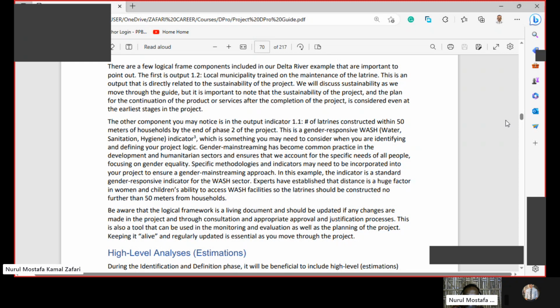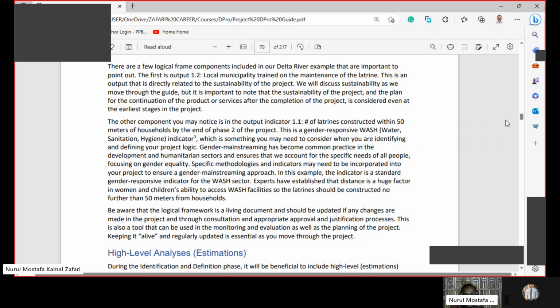Specific methodologies and indicators may need to be incorporated into your project to ensure a gender mainstreaming approach. In this example, the indicator is a standard gender responsive indicator for the WASH sector. Experts have established that distance is a huge factor in women and children's ability to access WASH facilities, so latrines should be constructed no further than 50 meters from households.